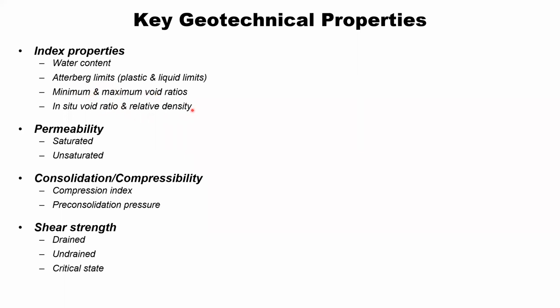But we know that relative density often is difficult to determine for finer soils or silts and slimes. So often we simply use void ratio, which is an indicator of how much void space we have in a given volume of material. And specifically, this is volume of the voids divided by volume of solids.